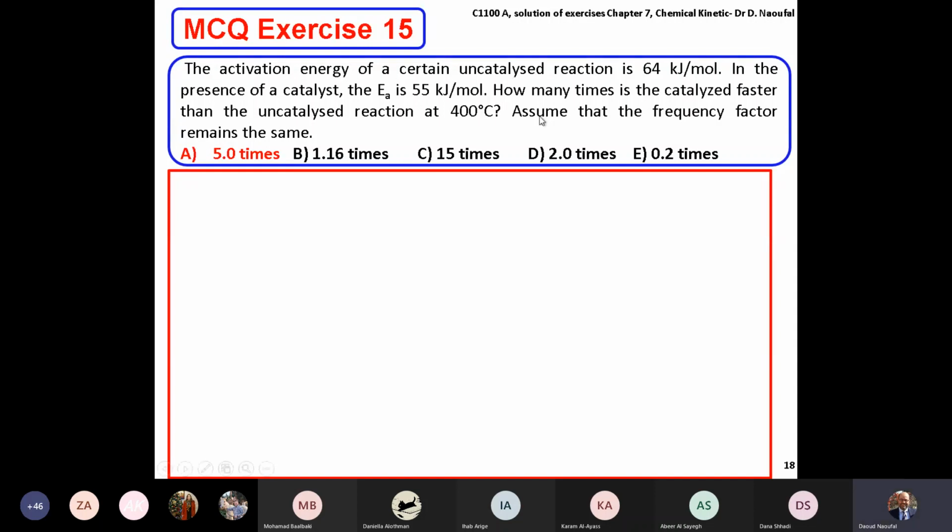So we have to summarize the given. We have two reactions realized at the same temperature, 400 degrees. The first is non-catalyzed, no catalyst added. The second is catalyzed. So we realize these two reactions at the same time.